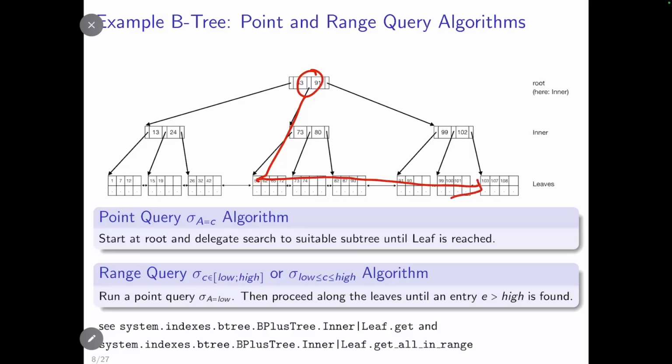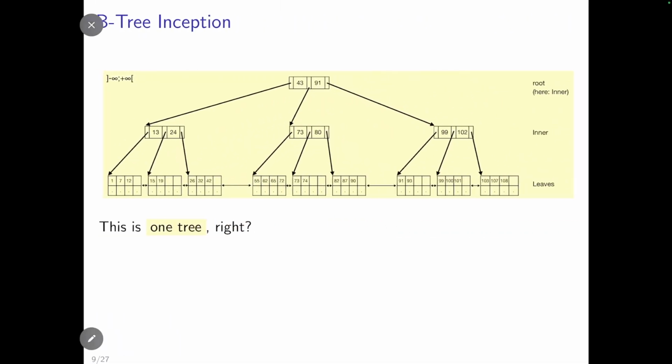So a B+tree is two data structures superimposed over each other. One is a tree structure, and the other is a linked list of the leaves. And as you have the linked list over the leaves, you can do a scan over the leaves in both directions. Typically, you only scan from left to right, but in principle, you could also scan from right to left. So that's an important property of the tree.